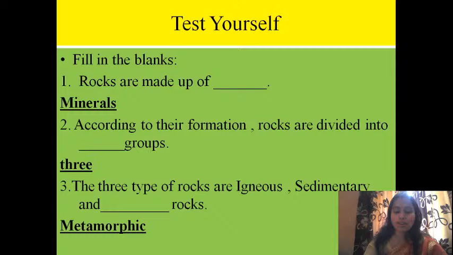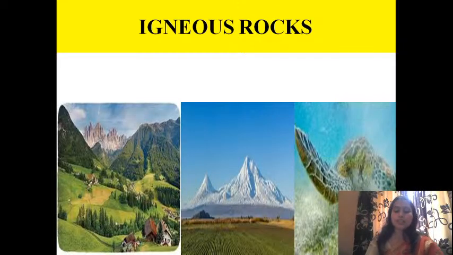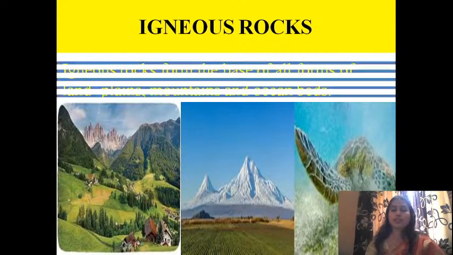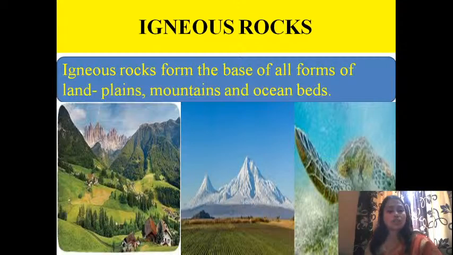Now you can see igneous rocks. Igneous rocks form the base of all forms of land. So what are the landforms? The landforms are plains, where we live, mountains and ocean beds.